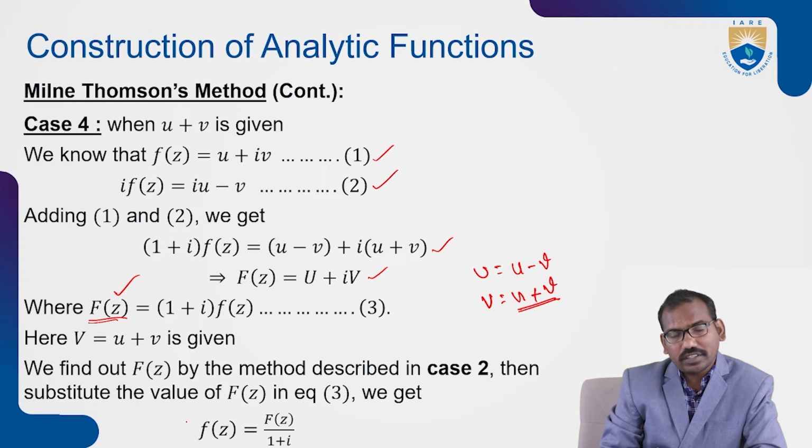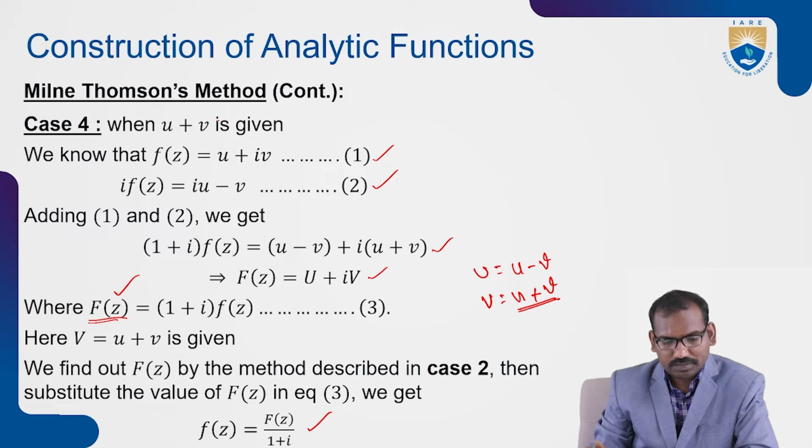Capital F of Z also we can construct, because here we know its imaginary part V. Then we can directly write small f of Z is equal to capital F of Z divided by 1 plus I. With this formula, we can find small f of Z if u plus v is given.